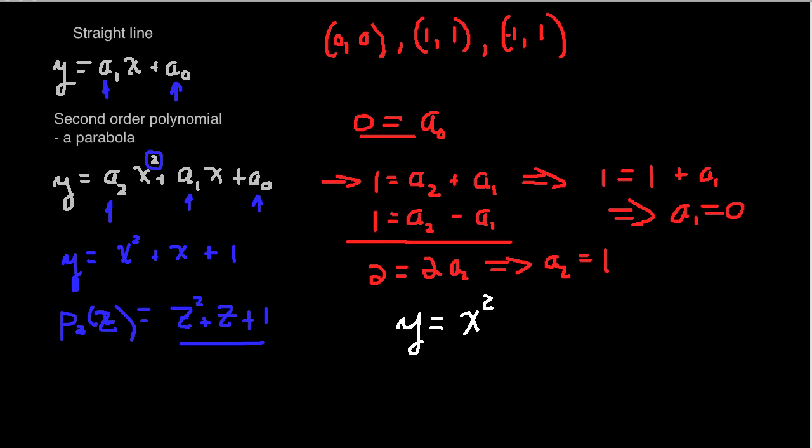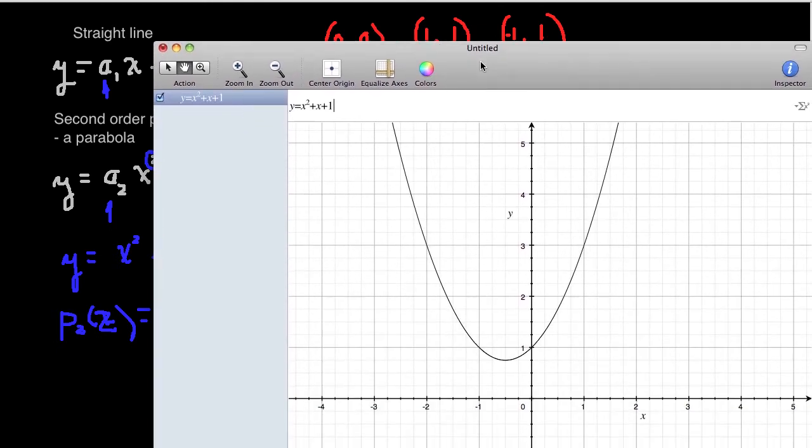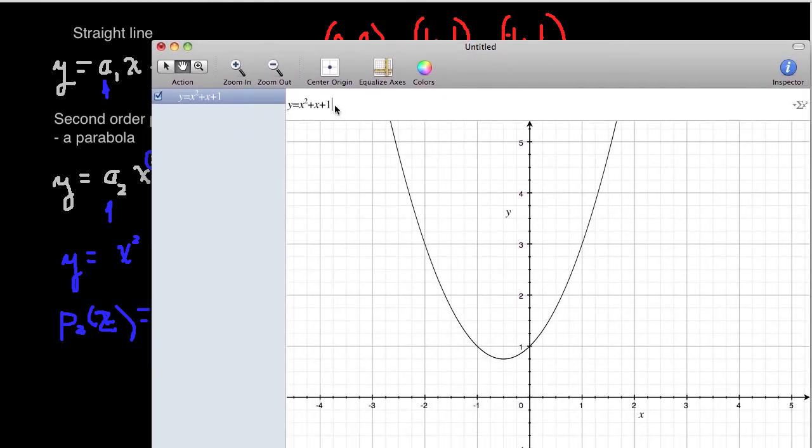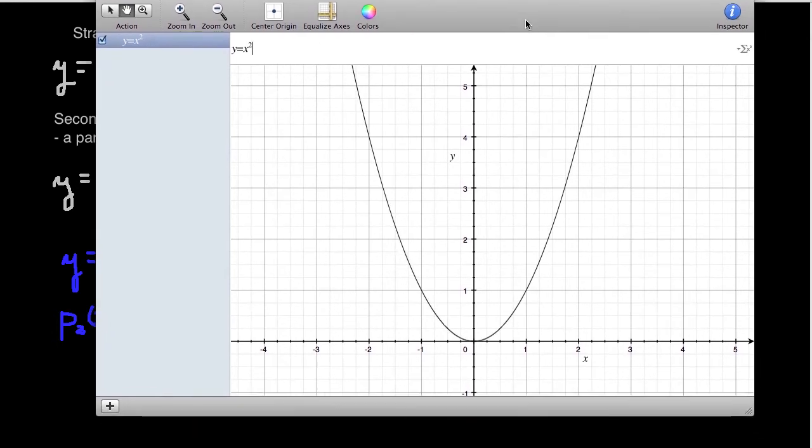Let's plot that out and see if that works. So here's my grapher. Y is equal to x squared gives me this plot. So it goes through the point 0, 0, goes through the point 1, 1, and it goes through the point negative 1, 1. So this curve goes through all 3 of those points.